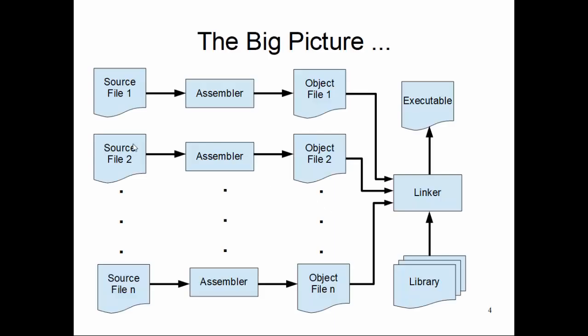So, as a big picture, let's start with the assembly source file, a program written in assembly. Of course, there will be high-level programs, and the compiler picks those up and converts the high-level program into an assembly-level program.